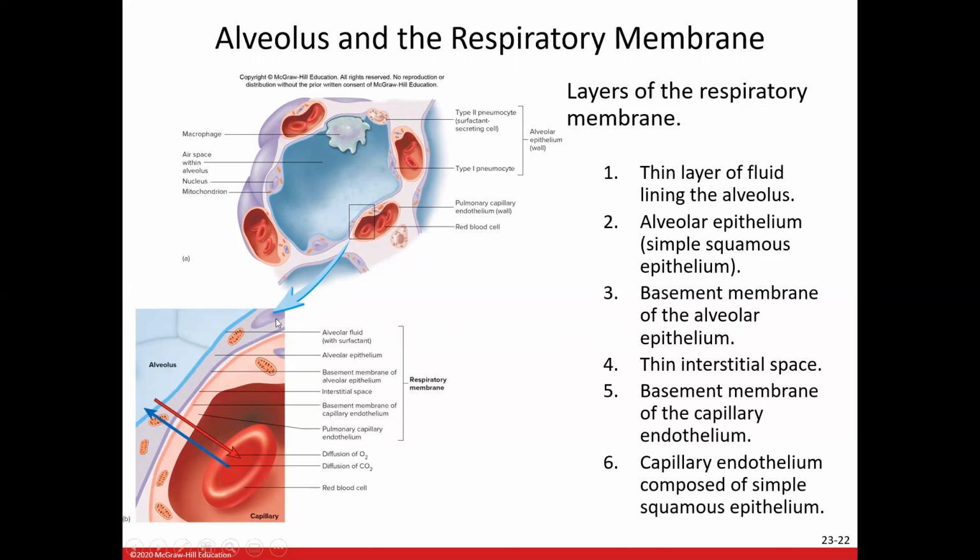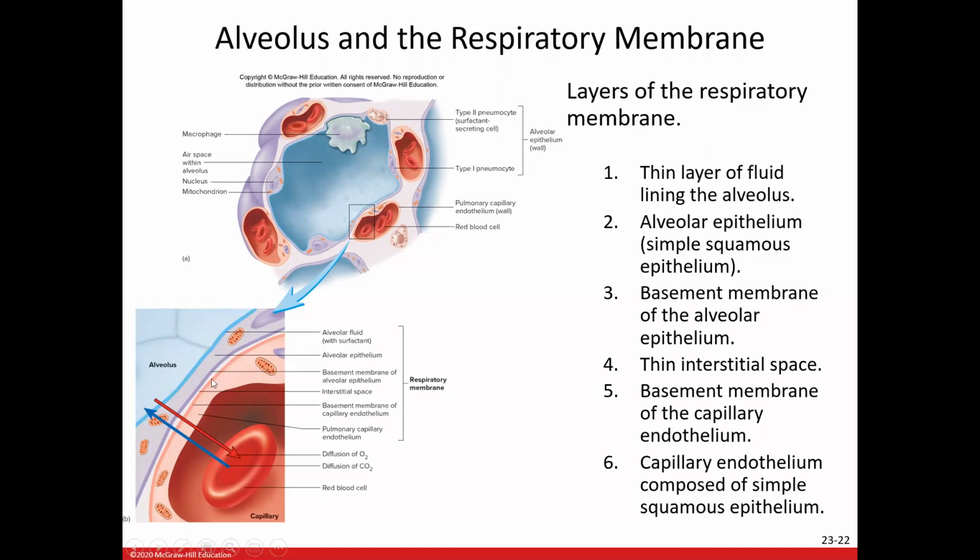The respiratory membrane itself is a very thin layer, it just has a lot of pieces to it. So within the alveolus, which is the smallest structure within the lungs, you have your thin fluid layer. You then have a layer of epithelial tissue with a basement membrane, then a little space between, this is the white I'm running my mouse over, then another basement membrane for the capillary endothelium.